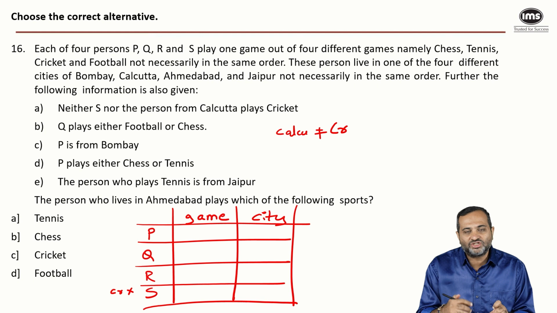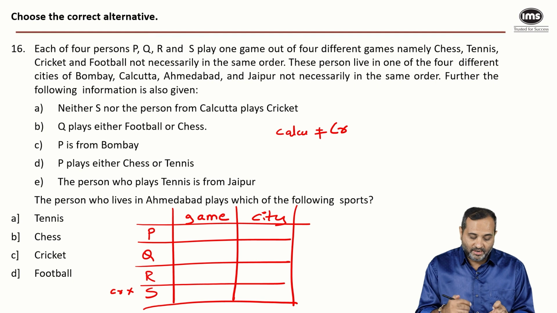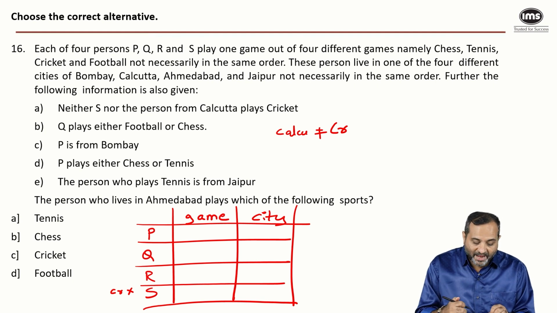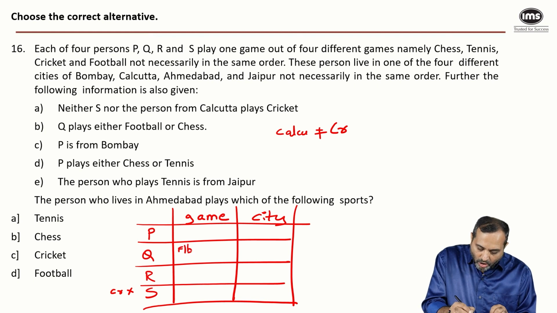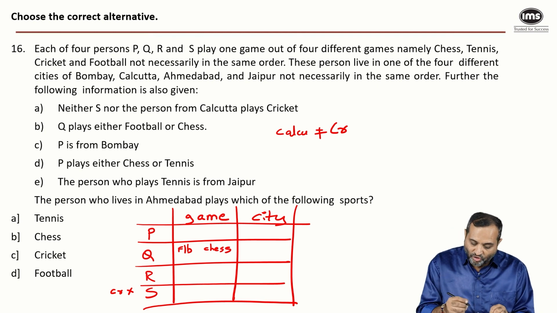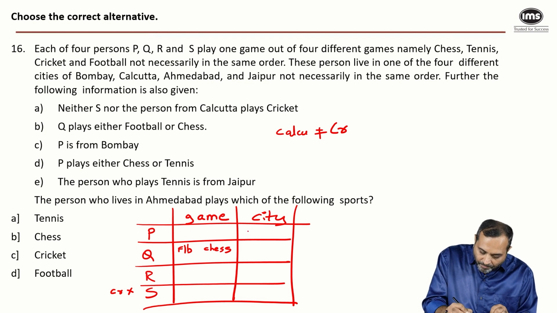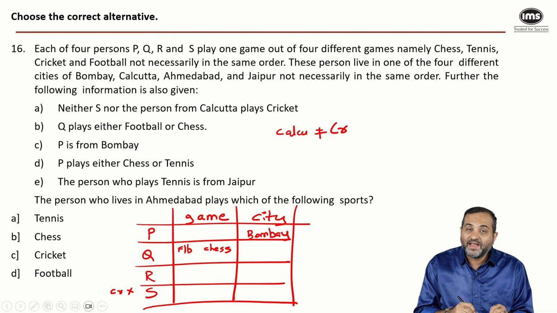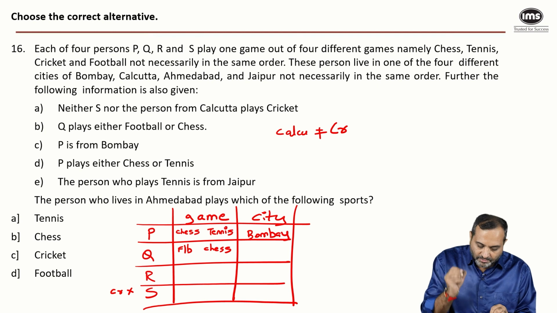Whenever you read your conditions, try to keep a note of it so that you don't go back to the conditions again and again. Let's look at the second one. Q plays either football or chess. So let's keep a note of that. P is from Bombay. So let's enter for P. P plays either chess or tennis.